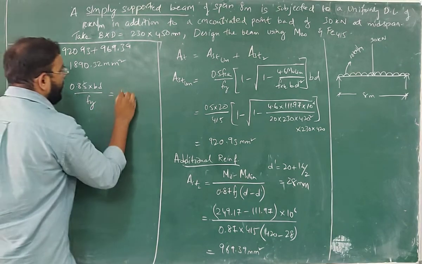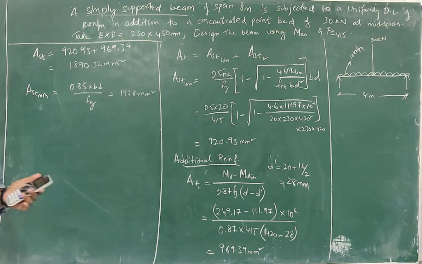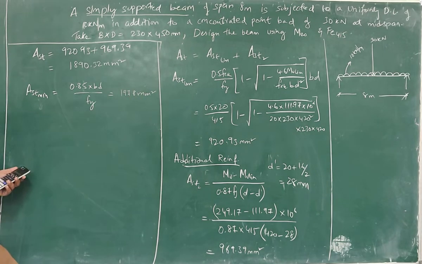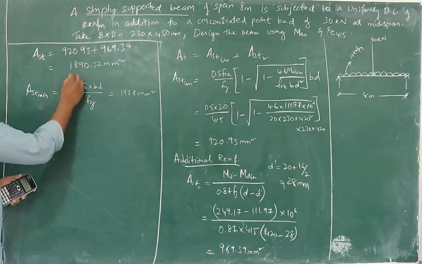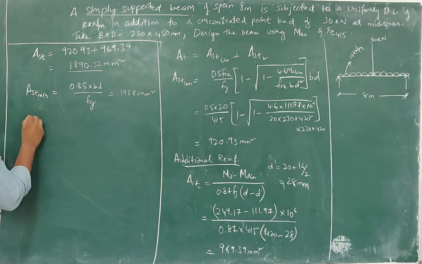So this is 197.8 mm square. This is less. You did not provide this reinforcement. What should be provided is 1890.32. Whichever is the greatest value should be provided. Now next.